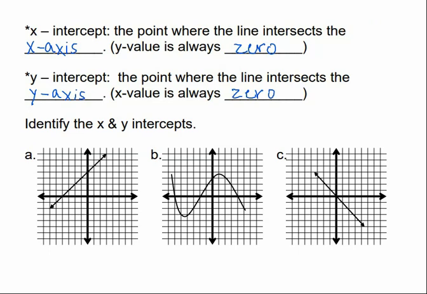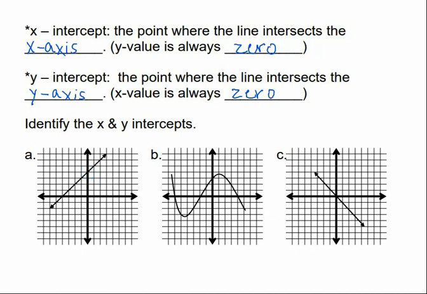Let's look visually at what the x and y intercepts look like. If we look at graph A, the points where our line is crossing each of the axes are the intercepts. So right here, that's where it's crossing the y-axis, so that would be the y-intercept.